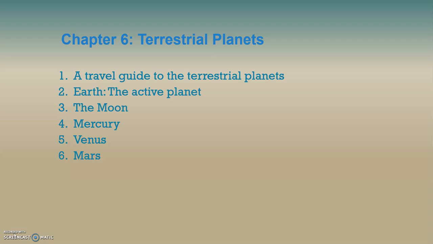We're going to be talking about all of these terrestrial planets that are around in our neighborhood, and in talking about them, we're going to be comparing them for their structure, and we're going to be comparing them for their atmosphere and the possibility of having water and life on those planets. So let's get into it.